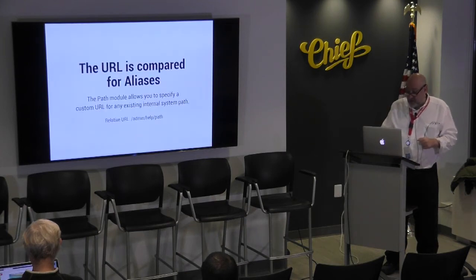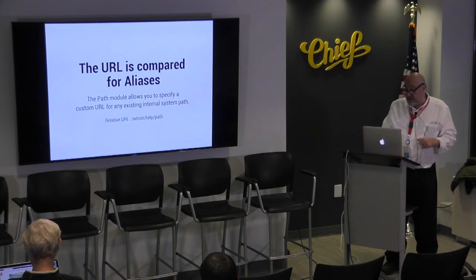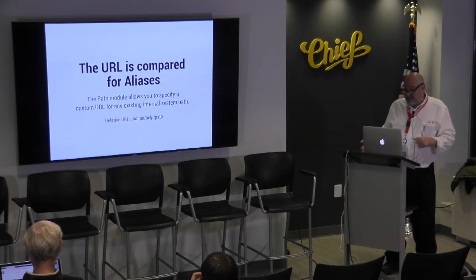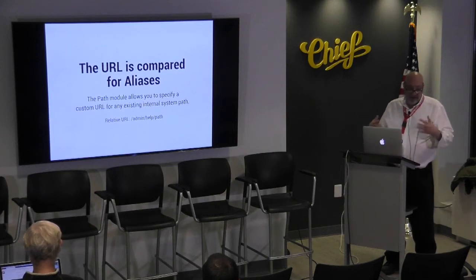Okay, the URL is compared for aliases. Here I have a relative URL that probably wouldn't have an alias because it's an admin, a back-end path. Generally, we leave those alone because the developers will know that admin/something is their territory.